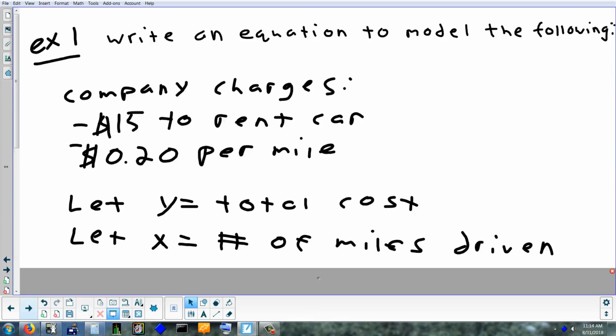If you say miles is dependent, that doesn't make sense. How many miles you drive depends on the cost? No, if you have to go somewhere, you're driving there, so the cost depends on how many miles you have to drive. Cost is dependent.